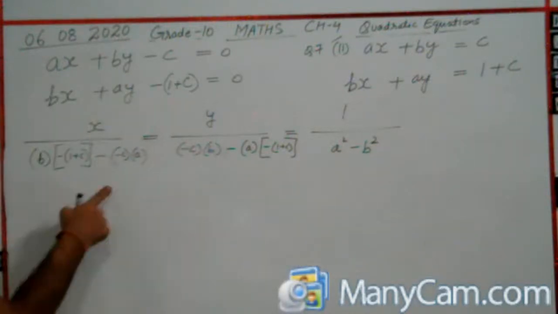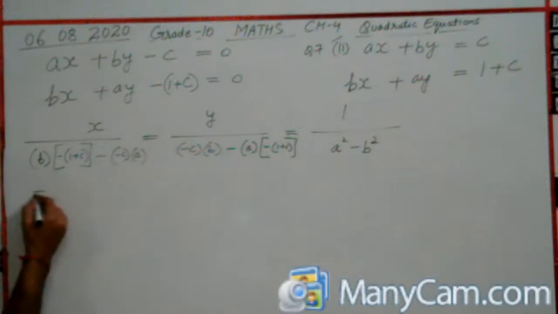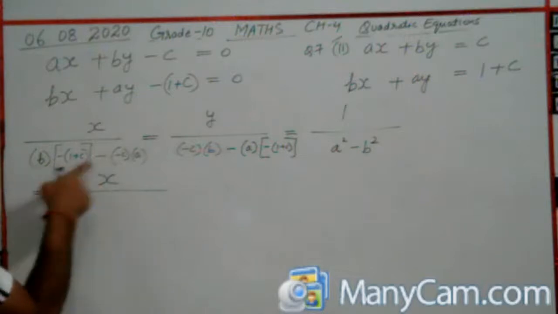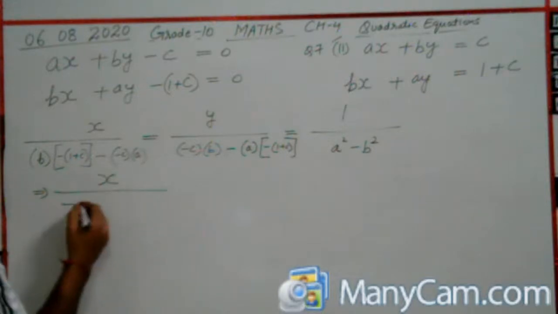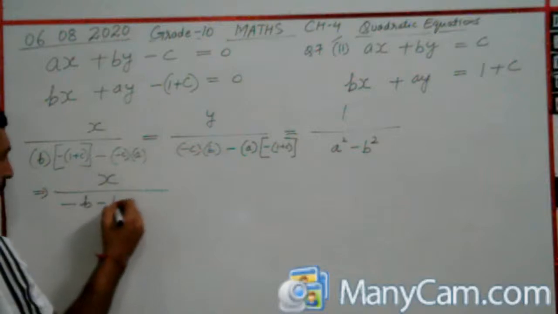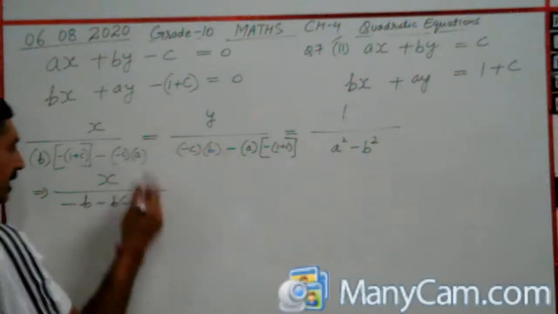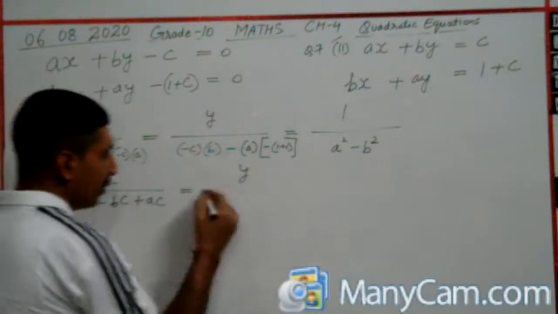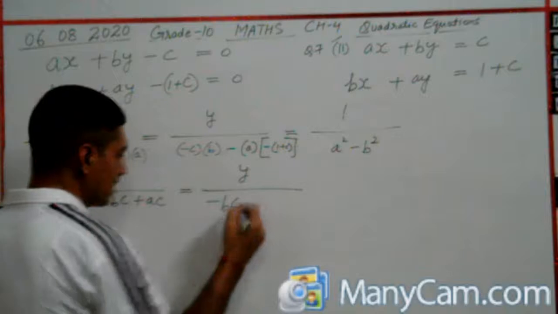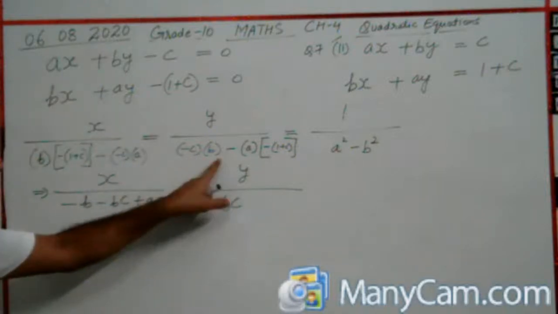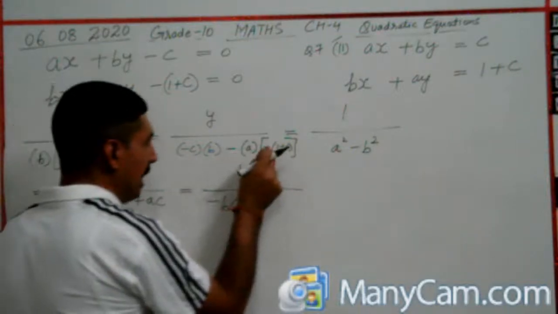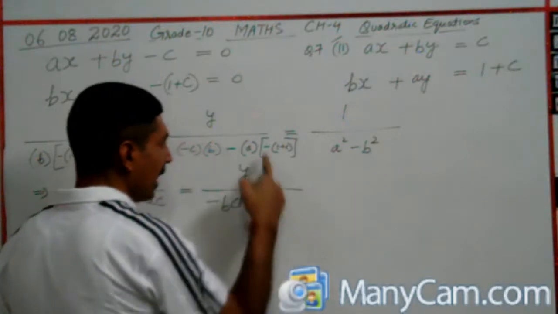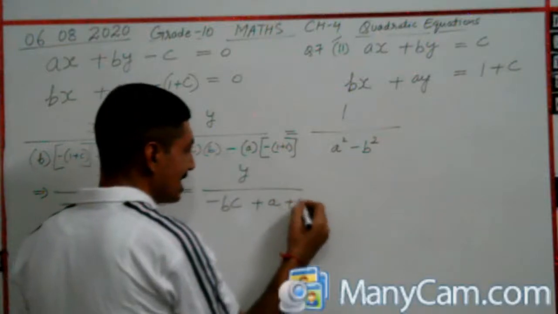When we open the bracket, we get x upon minus b minus bc plus ac, that is equal to y upon minus bc plus a, and again plus ac.